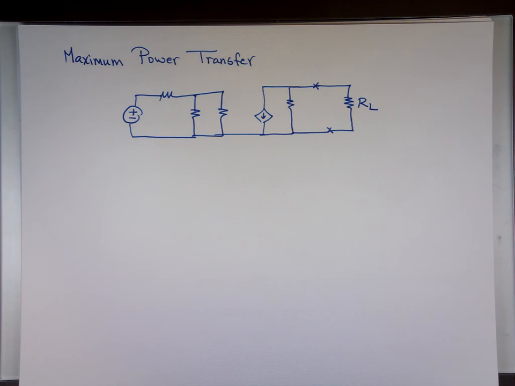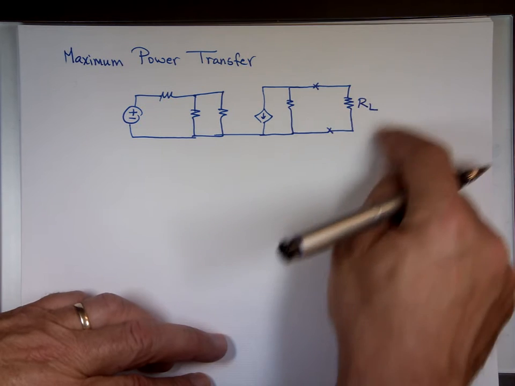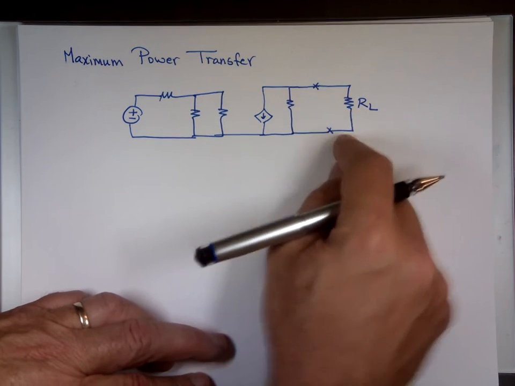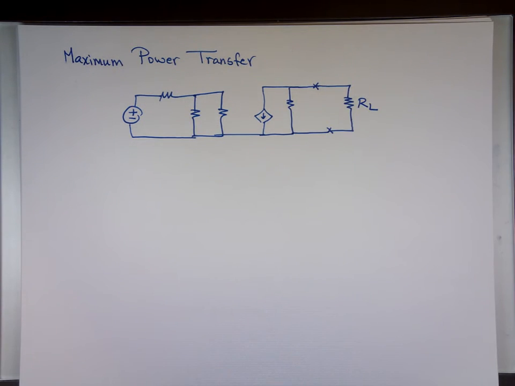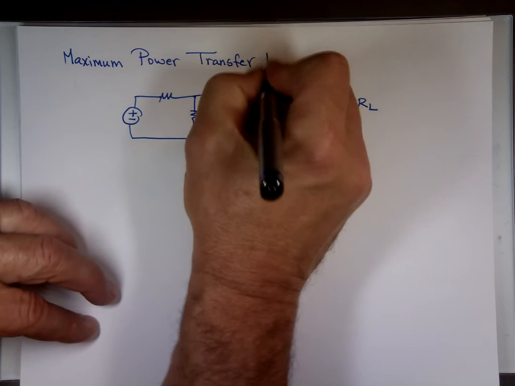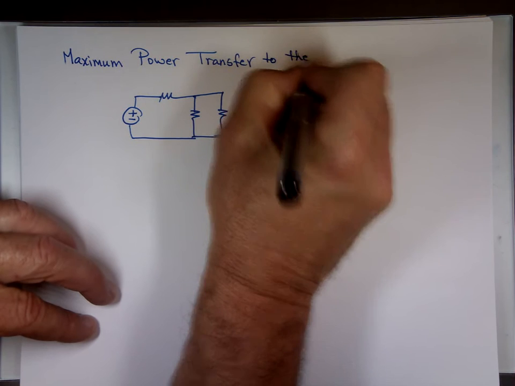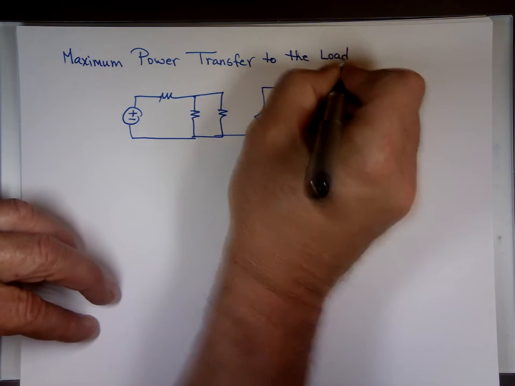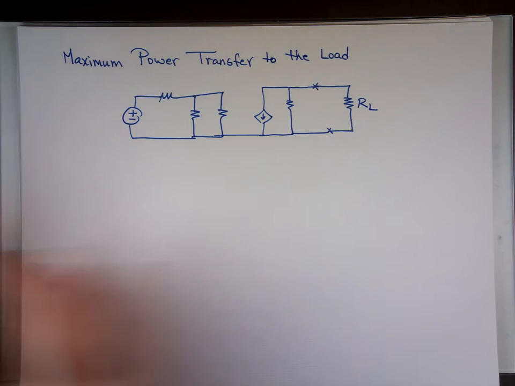And the question is, what value do I need to put for R sub L to get a maximum power transfer to that load? That's the definition, maximum power transfer to the load. So what should we make R sub L equal to?